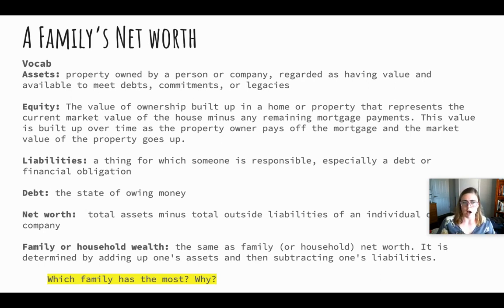Okay. I'm going to skip equity for just a second. Liabilities. Those are things that cost money. So debt, mortgage, car payment, all those sorts of things. Okay. Debt is when you owe money. Your net worth, what you as a family or you as an individual are worth, is going to be all of your assets, all of your positive money, essentially, and you're going to subtract all of your liabilities.